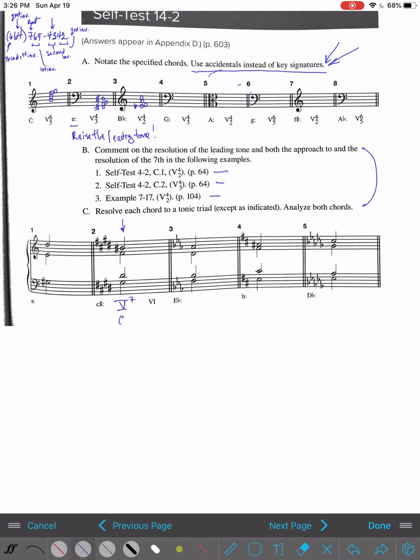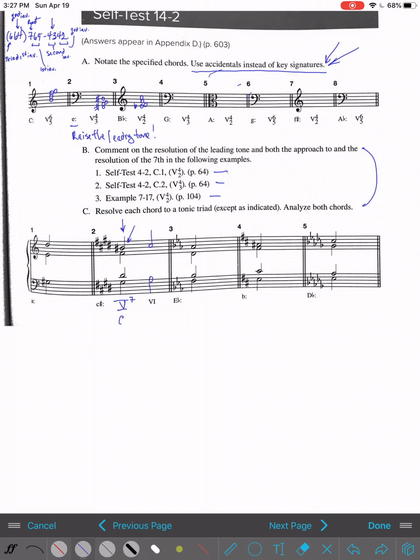The first thing we've got here is we have to take G sharp up to A. That's got to go there, because we're going to go to the 6th chord, and it's in root position. We've got our leading tone in the top voice, so that one has to go upward like that.